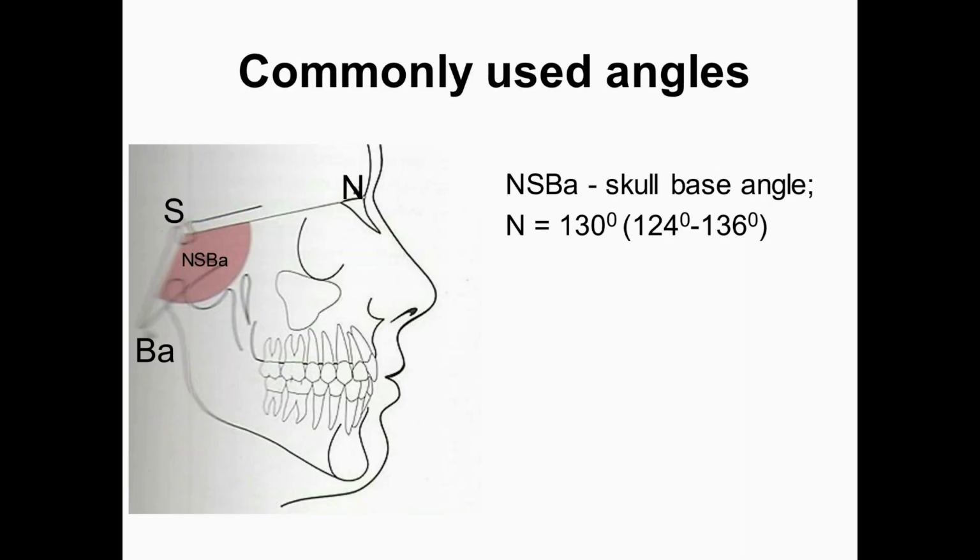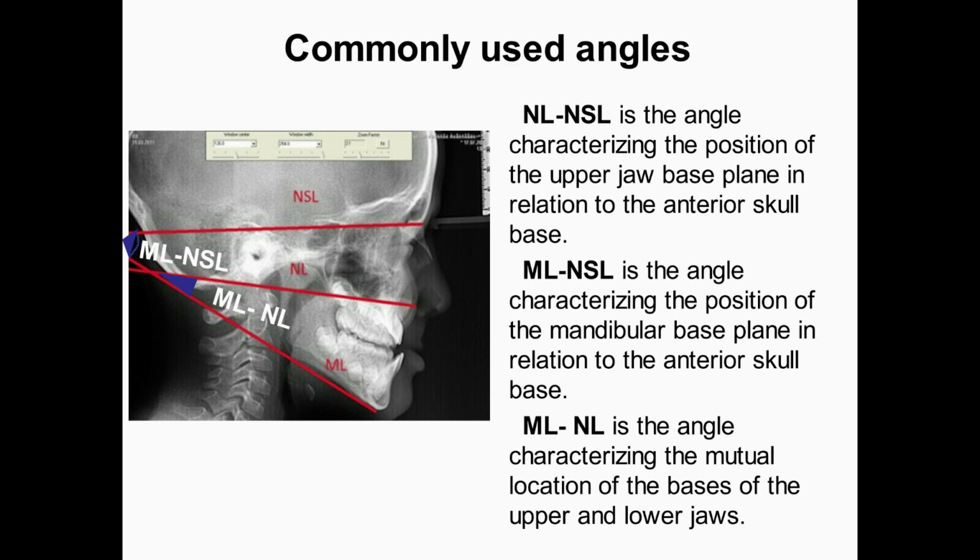NSBa is the angle characterizing the relationship between the anterior and posterior points of the skull base. NSL-NL is the angle characterizing the position of the upper jaw base plane in relation to the anterior skull base.